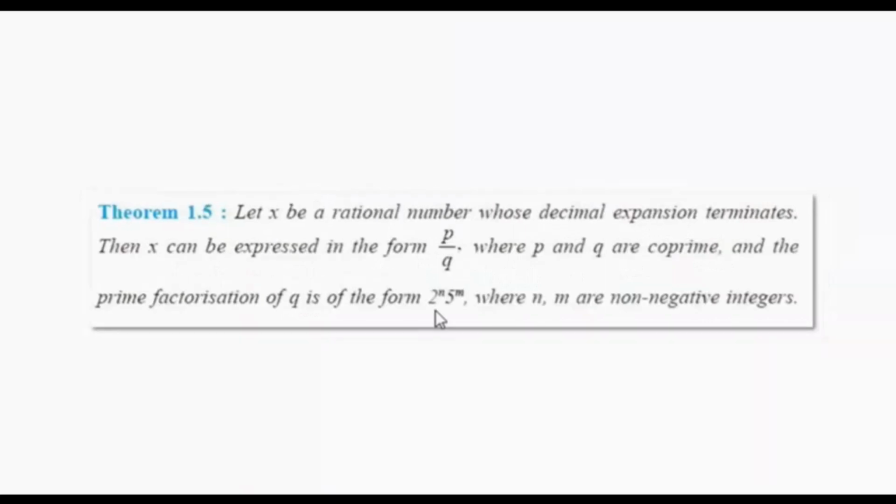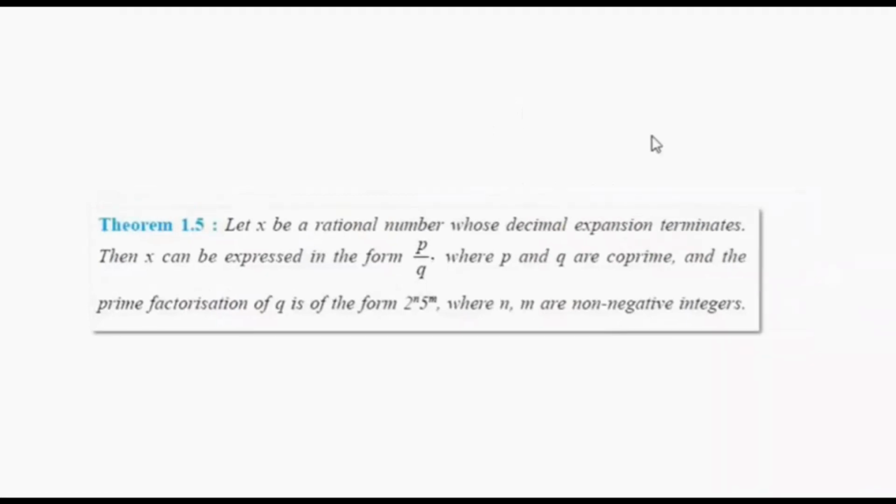Correct. Do the powers need to be the same? Powers need not be the same. n and m need not be the same. n and m can be different non-negative integers. Maybe equal, maybe not equal. I repeat one last time: if a rational number has a terminating decimal form, then that number can be written in the form p by q, where p and q are coprime numbers, and q in prime factorization can be written in the form 2 raised to n into 5 raised to m.